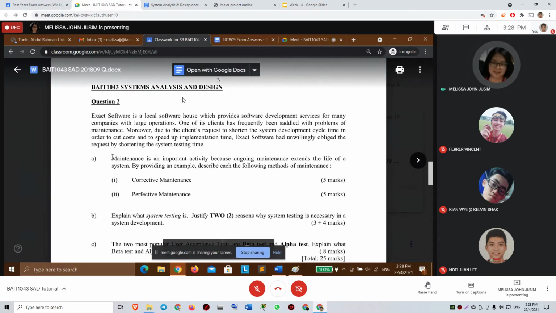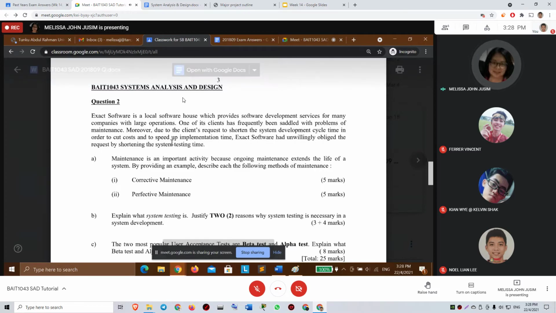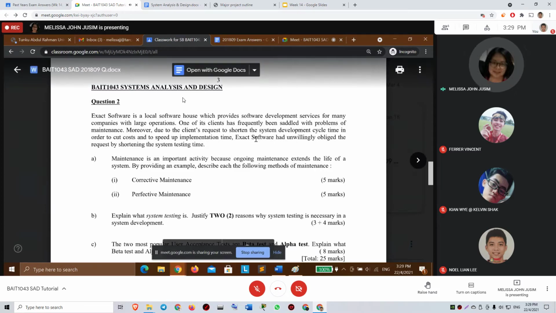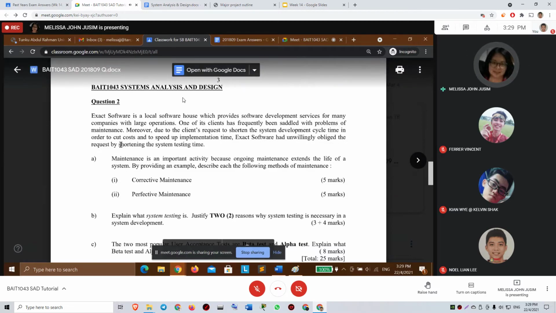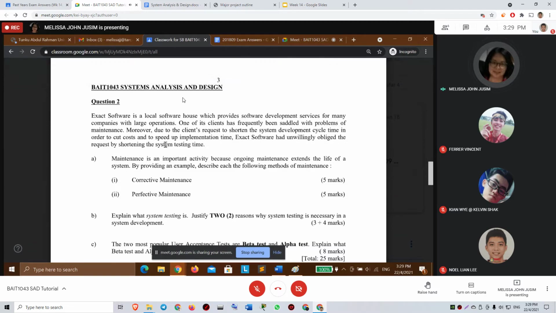They want to cut costs and speed up implementation time. And then Exact Software unwillingly obliged the request. So what happened? They shortened the system testing time. Oh no!